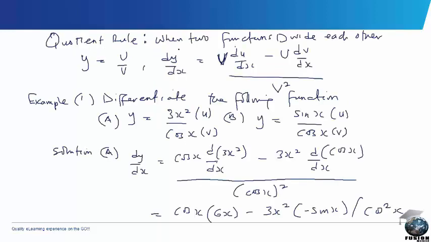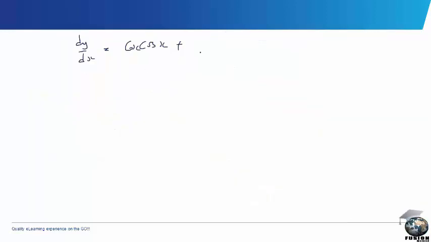We'll have dy dx is equal to 6x cos x, plus, because the two minus signs will multiply each other, we'll have 3x squared sin x, all over v.